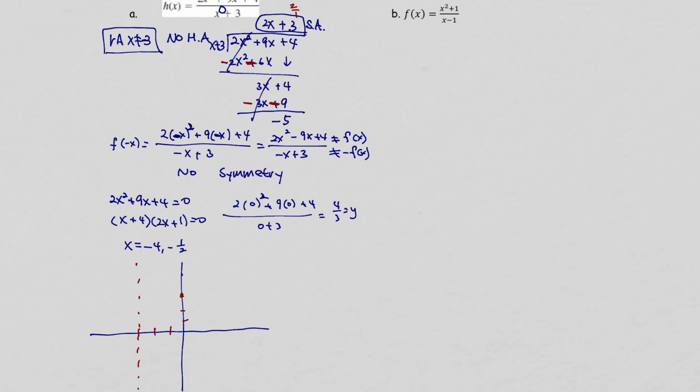Slope is 2 over 1, which means go up 2, move right 1. Draw the line passing through those 2 points. That will be the slant asymptote. Then mark the vertical asymptote and all the points that we have: negative 4, and what else do we have? Negative 1/2. Y-intercept 1 1/3.